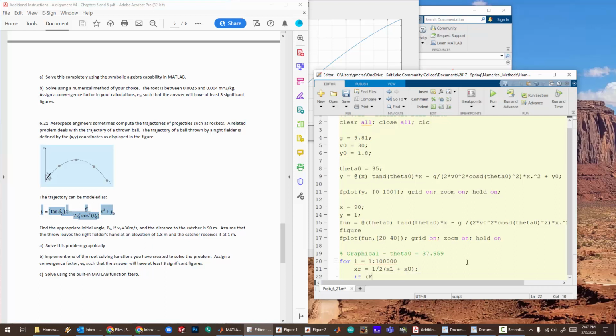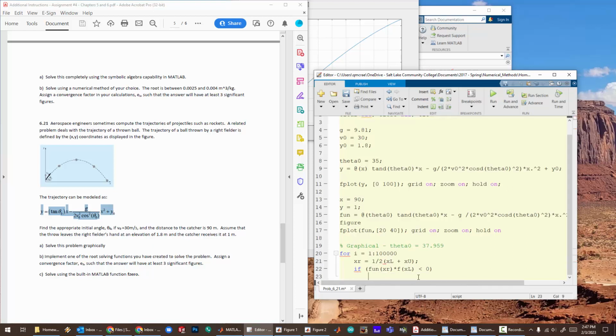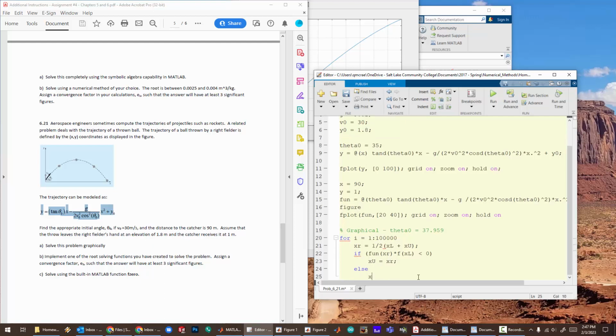And I'm going to say if function of XR times function of XL, I arbitrarily picked XL, is less than 0 (I always have to think through this). I just randomly pick the middle point and the left, lower point. If that product is less than 0, that means the answer is on that side. So if the answer is on that side, then X upper is equal to XR, else X lower is equal to XR.